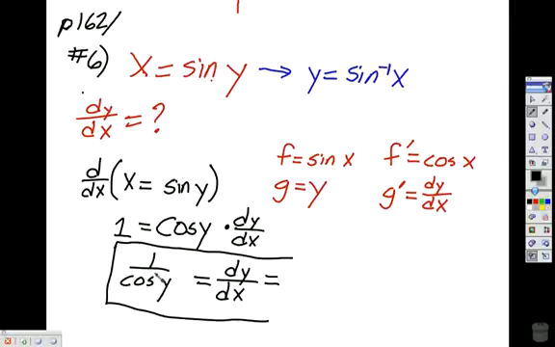We may want to change this, although there's nothing wrong with leaving it the way it is. 1 over cosine, the reciprocal of cosine, that's secant. So whether you say it's 1 over cosine or you say it's the secant of y, either way, that's what dy dx is.